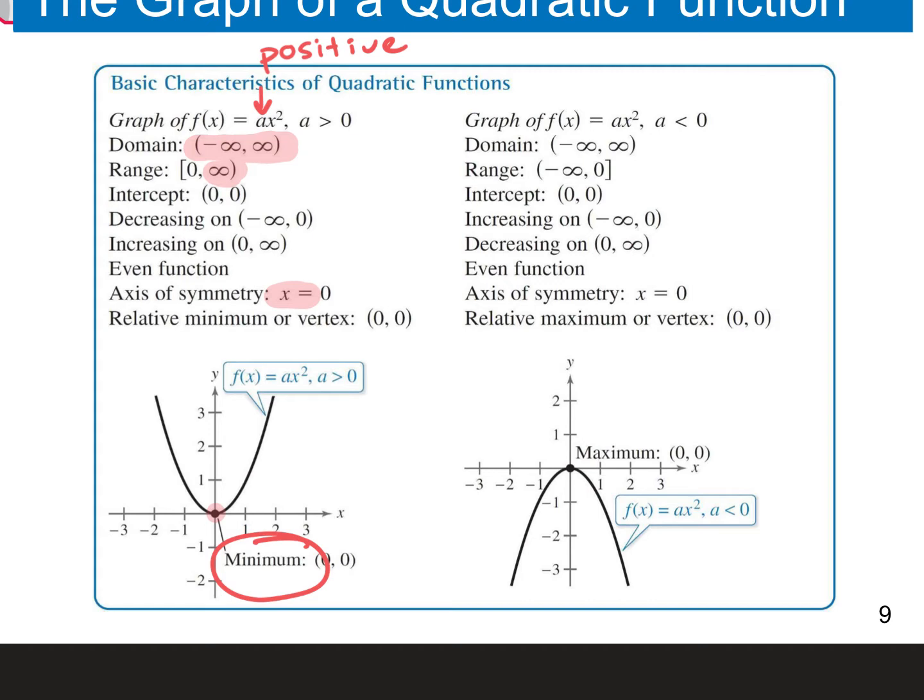Now, a is less than 0, so our leading coefficient, the coefficient in front of the x squared, is negative. Our graph opens down. Our domain is still negative infinity to infinity. Our range now starts at negative infinity and goes to wherever our graph stops.